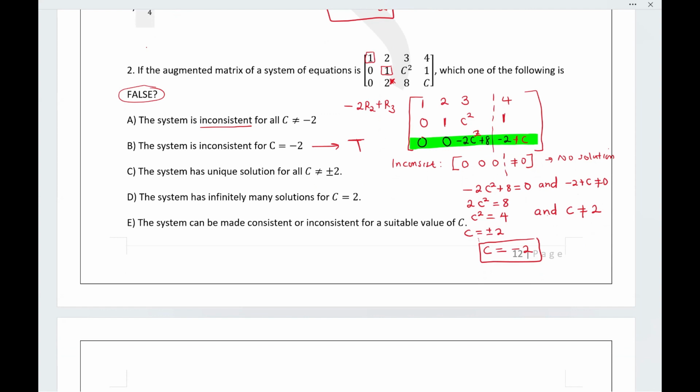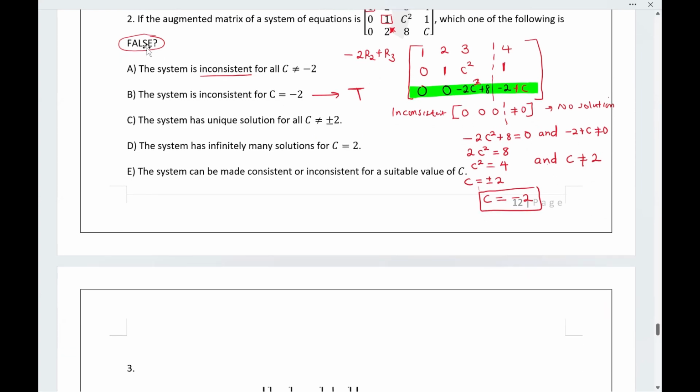The system is inconsistent for all C not equal. This is not true because we can see that the system is inconsistent if your C is minus 2. Now let's even do it for all, so that we can check everything. Now we've done inconsistent.